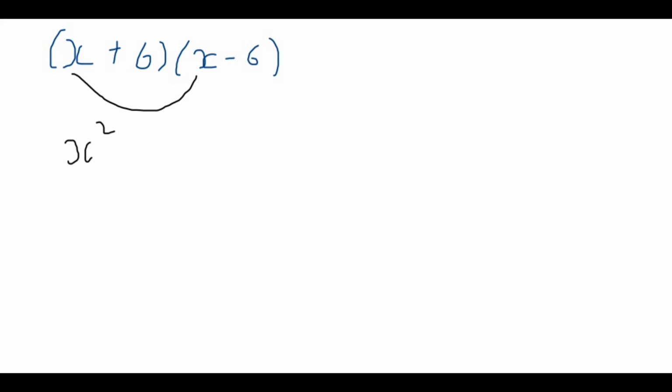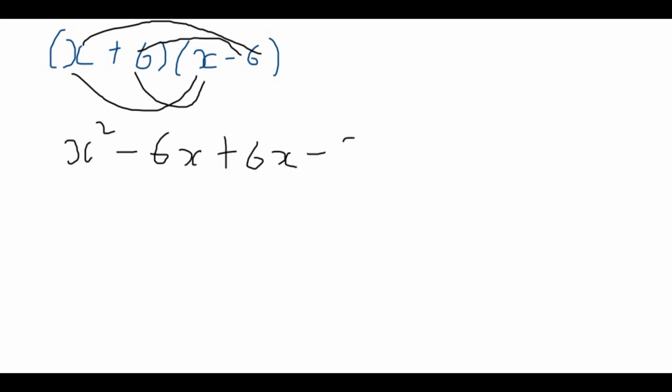So now if we have x plus 6 in one bracket and x minus 6 in another bracket, now feel free to also try out this problem. x times x is x squared, and x times negative 6 is negative 6x. 6 times x is 6x, in this case positive 6x, and positive 6 times negative 6 is negative 36.